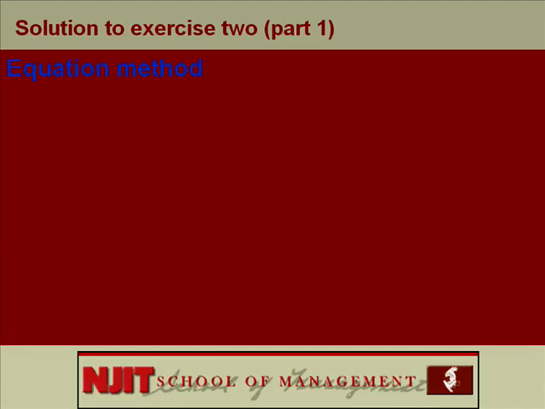You've seen it before. Go back to basics. Sales less all your cost give you profit. Sales minus, I put VC for variable cost, minus, I put FC for fixed cost, equals profit.